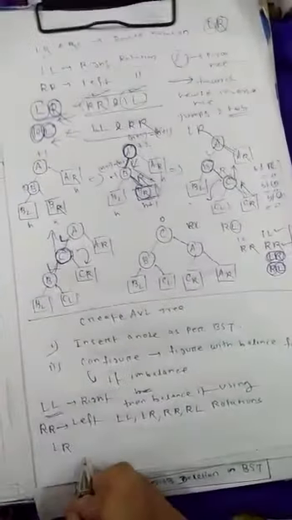Okay, so previously we already discussed: if LL imbalance is there, then we perform a single rotation, that is your right rotation. If RR imbalance is there, then we also perform a single rotation, that is your left rotation. Then for LR we require two rotations: first RR, then LL.